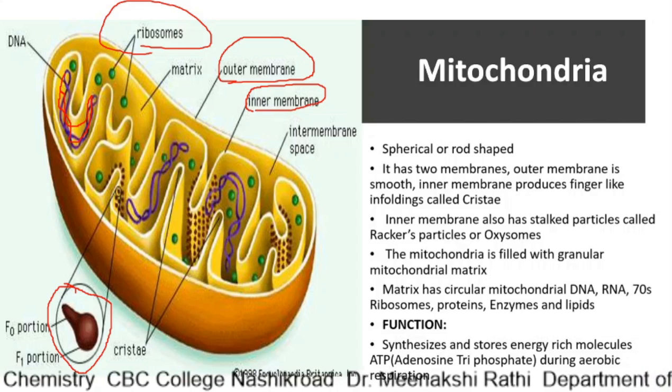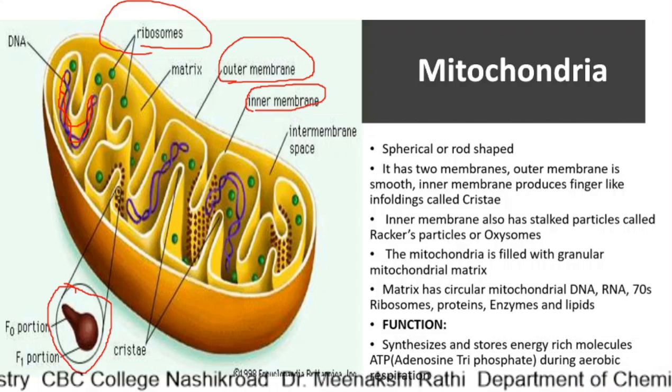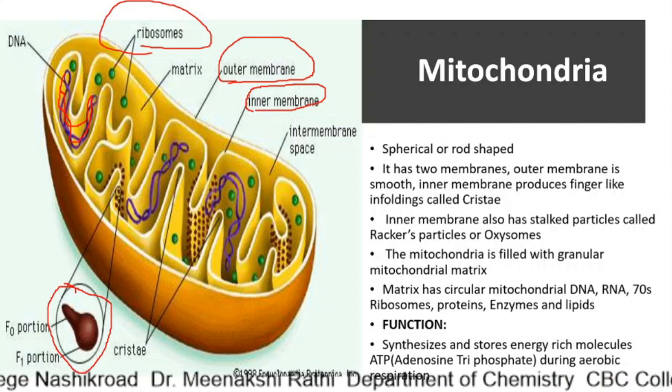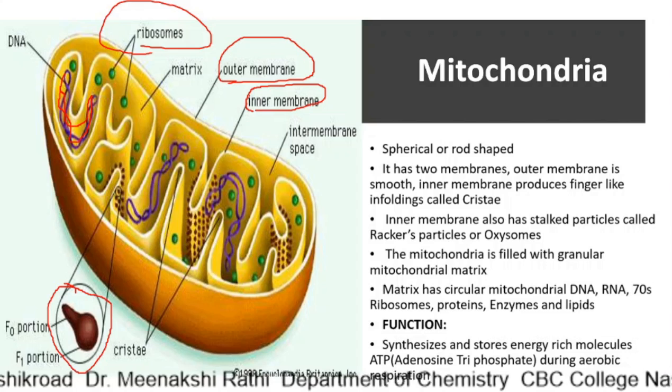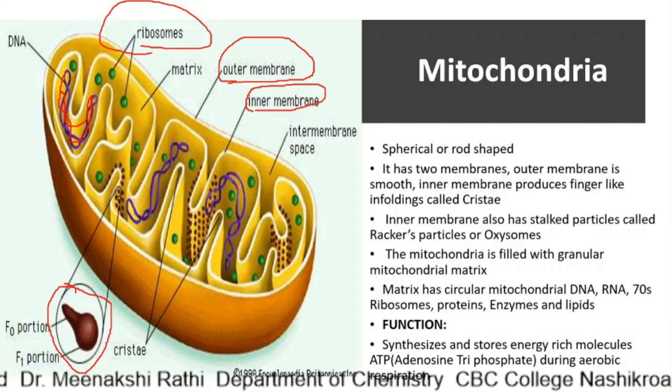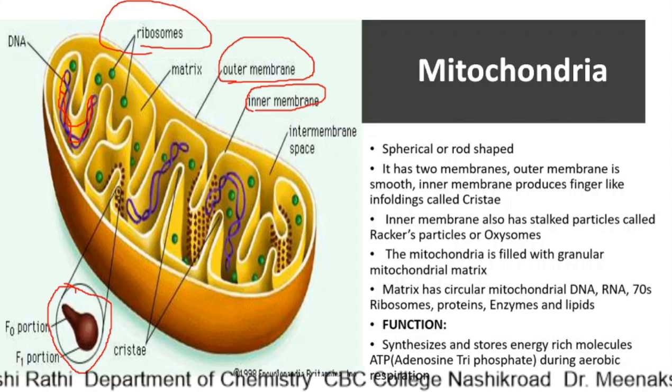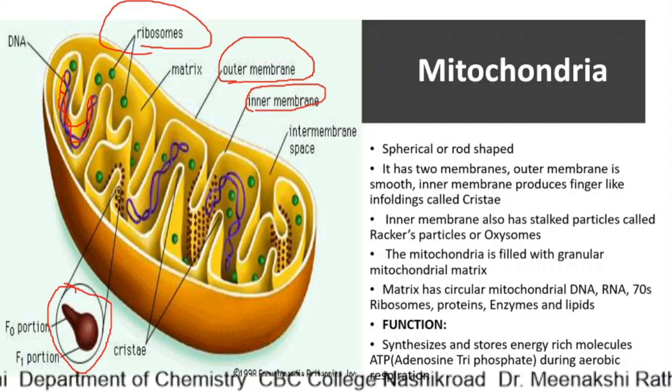So that's why mitochondria is called the powerhouse of the cell. And second, mitochondria contain some amount of DNA and thus are associated with cytoplasmic inheritance. Thank you.